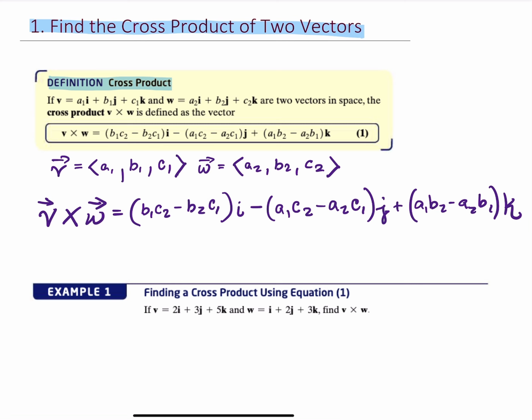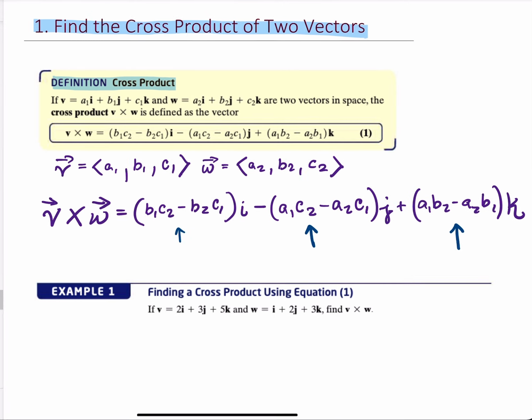In terms of trying to see some patterns in this, notice that this first term would be like the A term of our new vector. It involves B and C, so the components that are not A. In the B component of our new vector, it involves A and C, and we have the two pairings of those, so everything that's not B. And in the C component of the new vector, we have A and B paired, so everything that's not C. That can be helpful.